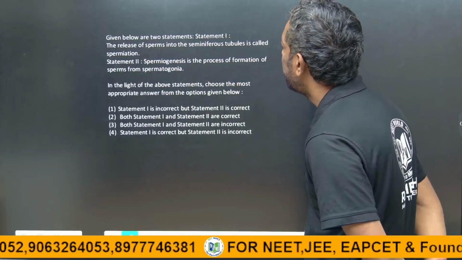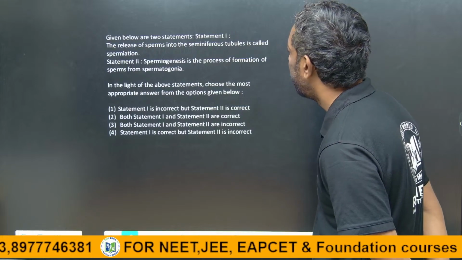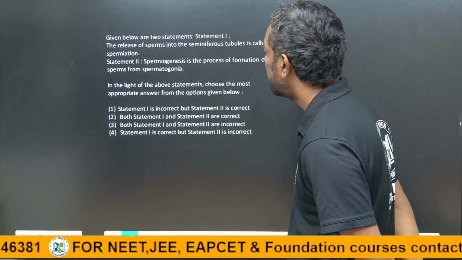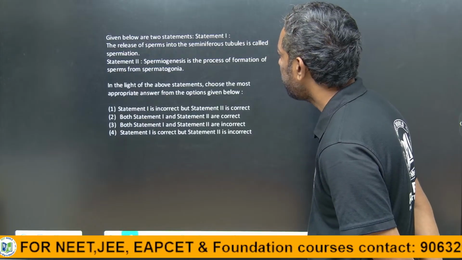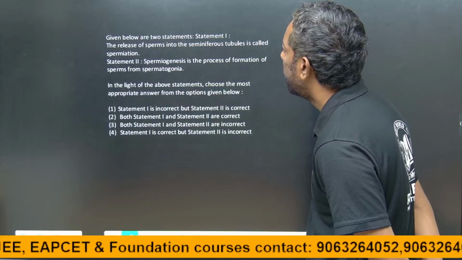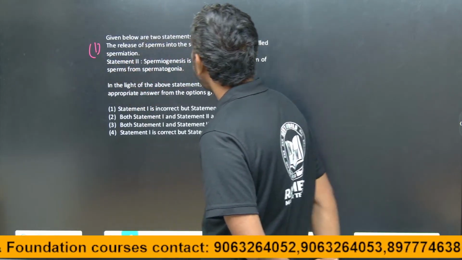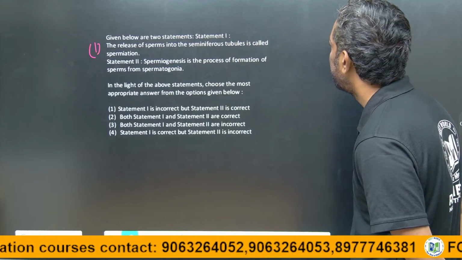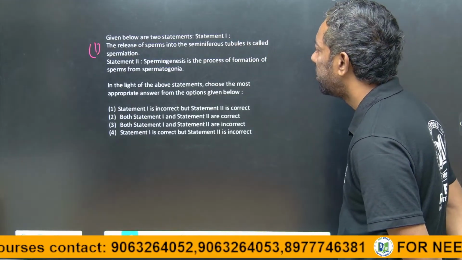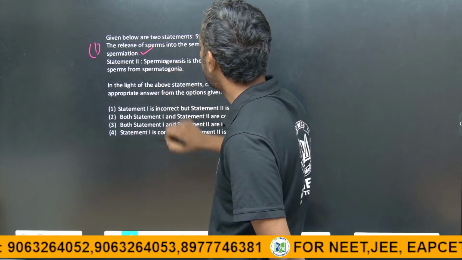Given below are two statements. One is, spermatogenesis is the process of formation of sperm from the spermatogonia. The first one is, the release of sperm into the seminiferous tubule is called spermiation. Of course, right.